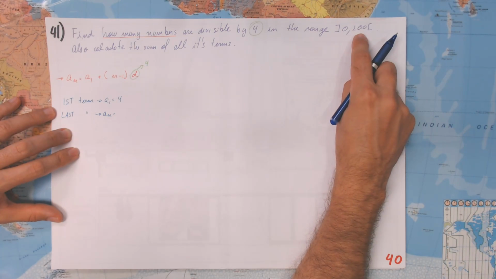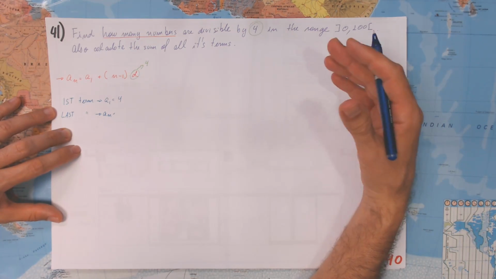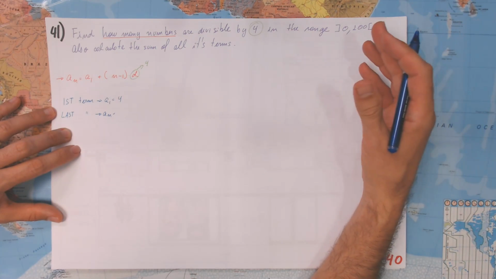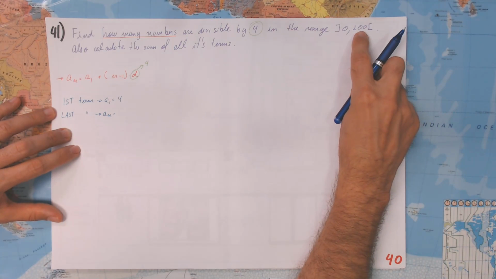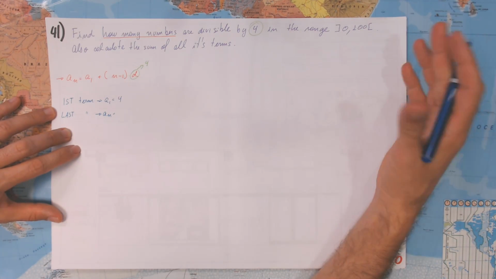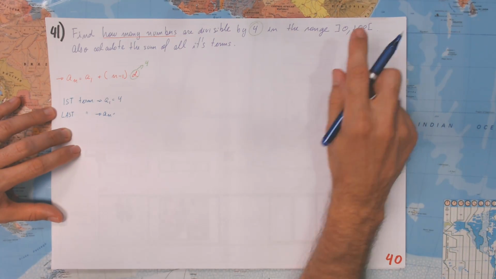Because remember, to be divisible by 4, the last 2 digits must be divisible by 4. 0 divided by 4 is 0. We say a number is divisible by another when the answer is an integer. Okay, it can't have decimals. Now, 0 by 4 is just 0. 0 doesn't have decimals, so it's divisible by 4.